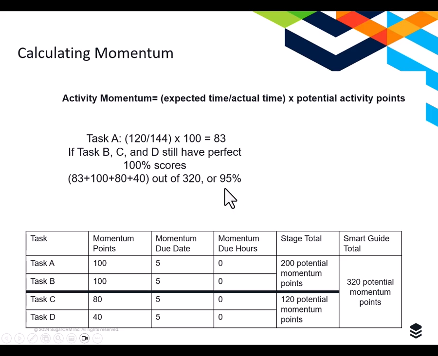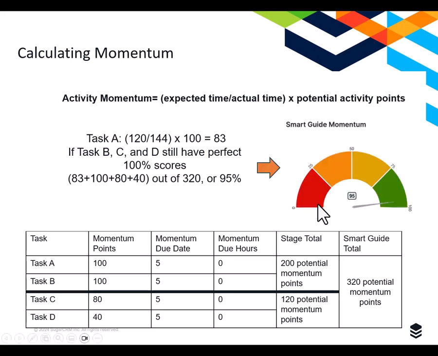That's the momentum, or basically the end score, for the whole smart guide template that they used. It's going to look like this in the dashlet. There is a smart guide momentum dashlet, and it's going to show 95% for this particular opportunity. Okay, that makes sense?